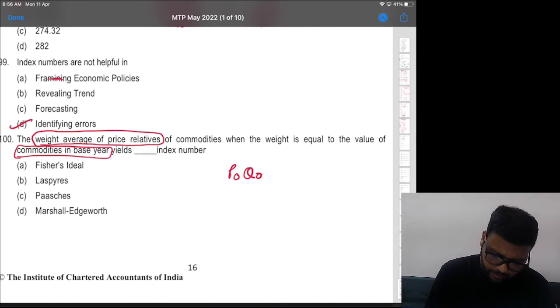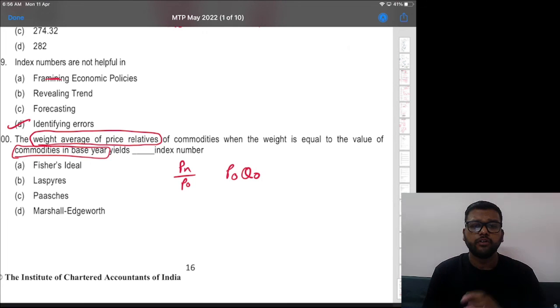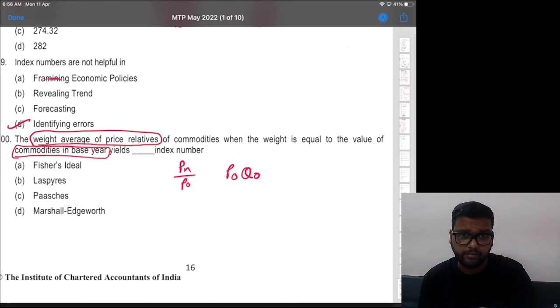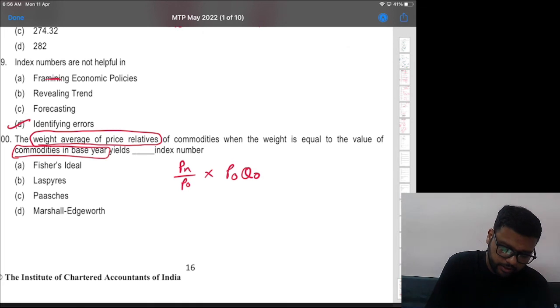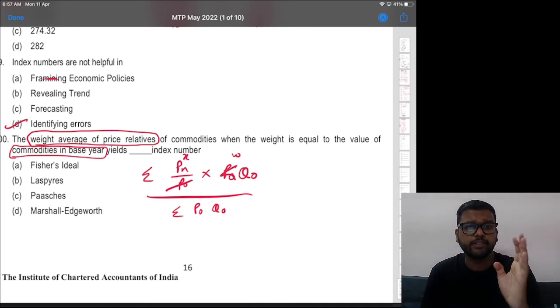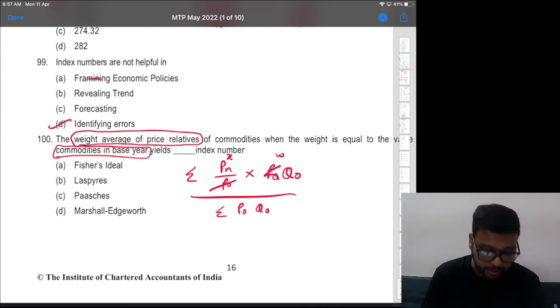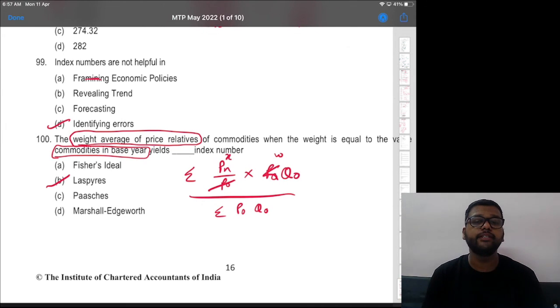What is price relative? Pn by P0. So the weighted average of price relatives using base year value is summation WX upon summation W, with W as P0 Q0. Then P0 will cancel, and we are left with summation Pn Q0 upon summation P0 Q0, which is nothing but the last year's index number with base year quantity as weight. You have this in the module.